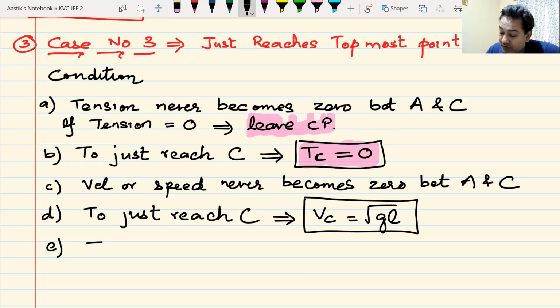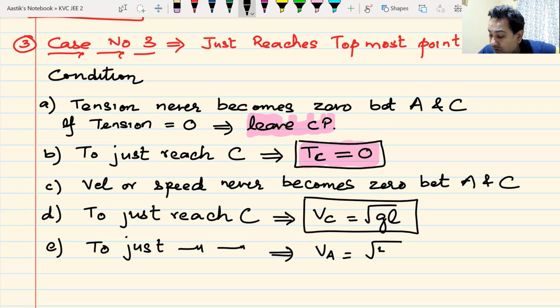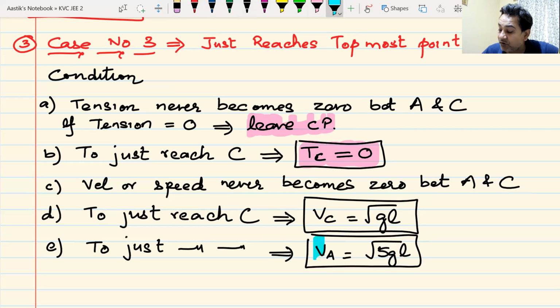And to make this velocity root of gl, to just reach point C, velocity at point A would be equal to root 5 gl. Now I will give you time to think about these 2 points, and we will discuss them in the next class. So till the next class, think on these 2 points and tell me why this is so.